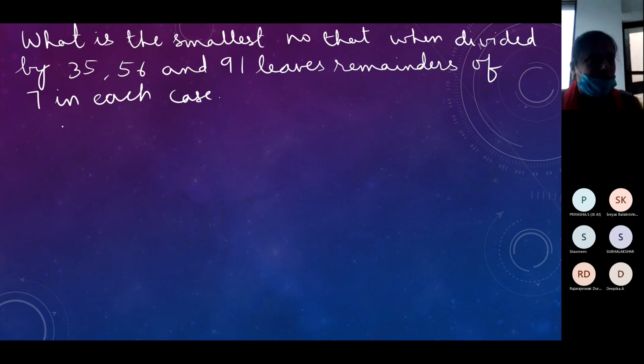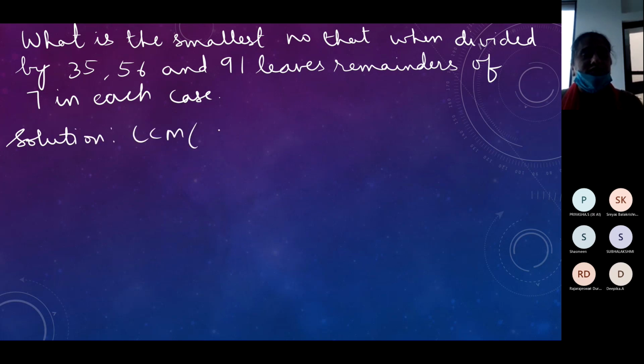That number when divided by 56. That number when divided by 91. So by 91 means 91 comes in the denominator. So that number is in the numerator. So you'll have to find the LCM. So first tell me the LCM of 35, 56 and 91.